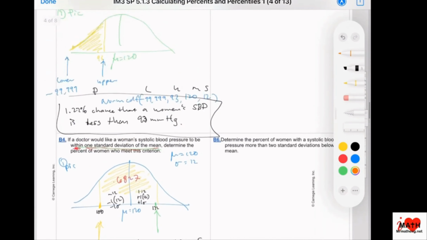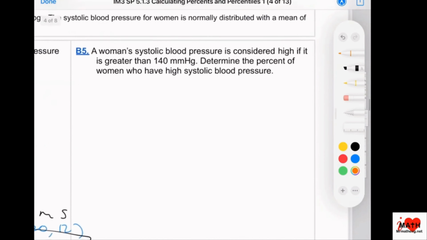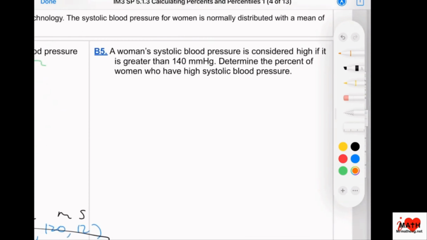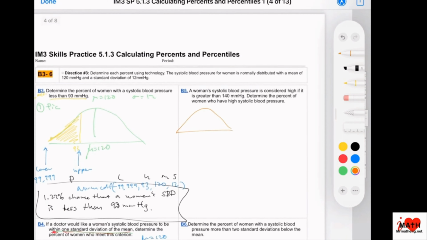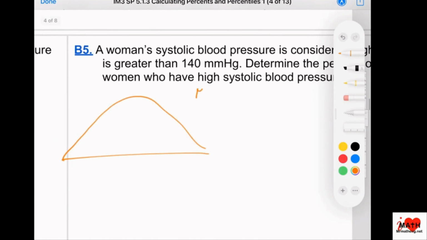All right, let's try B5. A woman's systolic blood pressure is considered high if it is greater than 140. Determine the percent of women who have high systolic blood pressure. Let's draw a picture. In direction number 3, the mean is 120 and the standard deviation is 12.